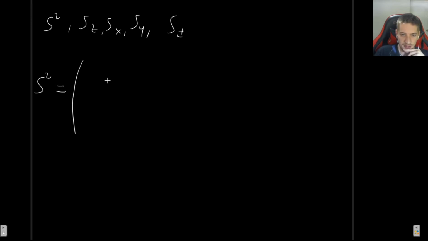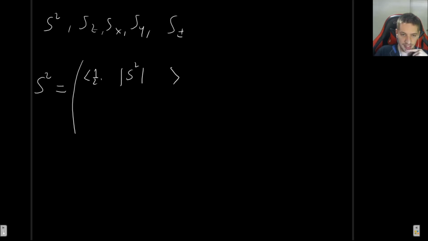So first, we were acting on this up state. So let us begin by taking the bra and ket of this S squared operator for the up state, which means this ms is going to be in its up value. So let's actually maybe write this right away with our actual value.